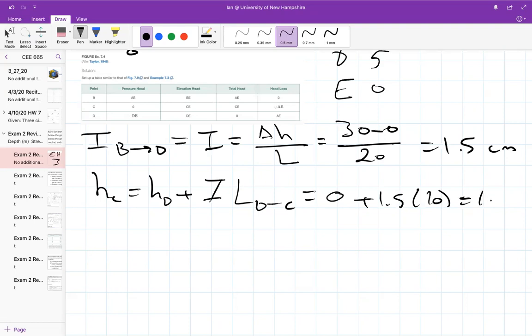So we get 15.0, and that's our total head at C.